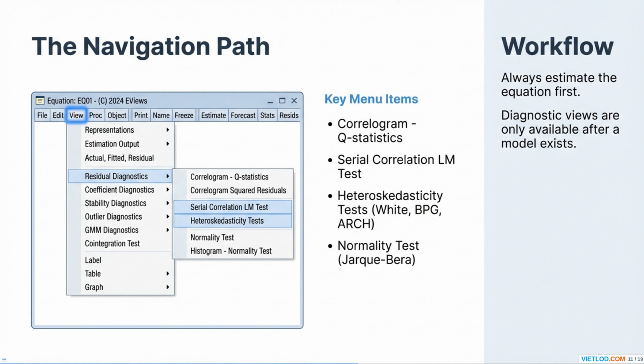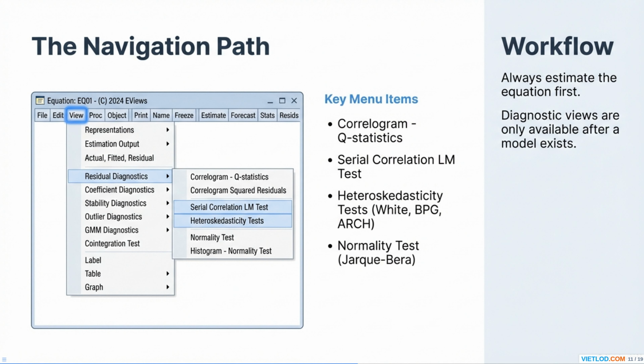To practically apply our diagnostic tests in EViews, remember this crucial workflow. You must always estimate your equation first. Diagnostic views and tests are only available after a model exists. Once you have your estimated equation object open, almost all the diagnostic tools you need are conveniently located under the View menu.